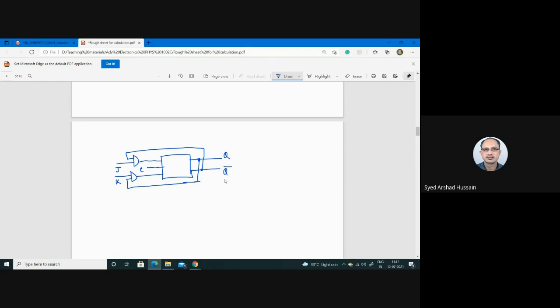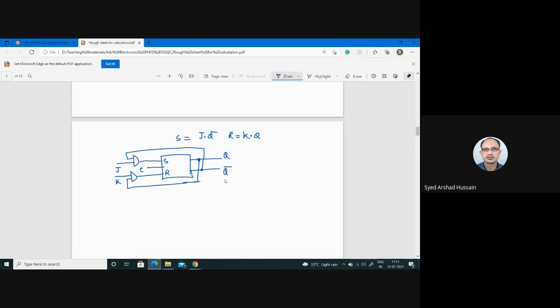So these are some simple modifications, and this is your S, this is your R. We modified it in such a way that S is equal to J dot Q bar, R is equal to K dot Q.